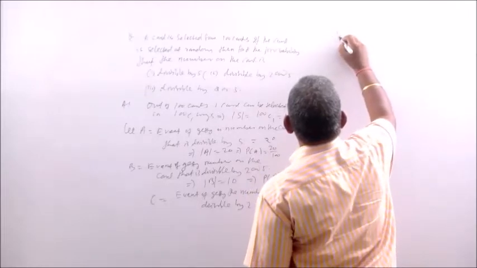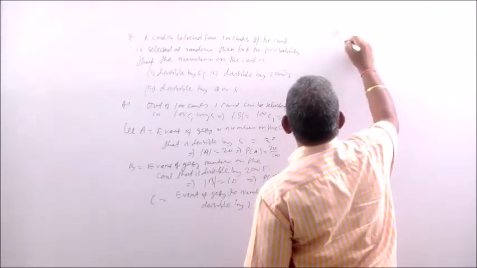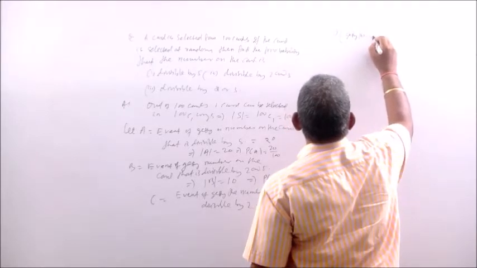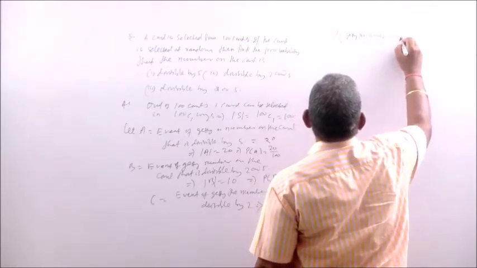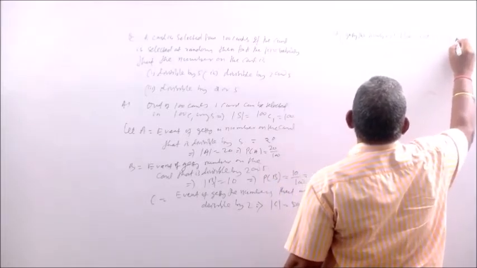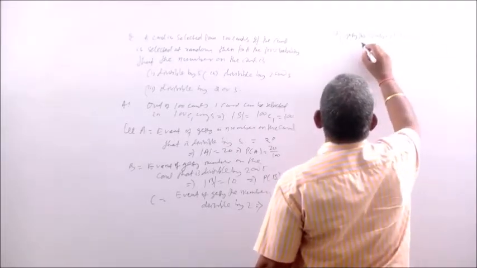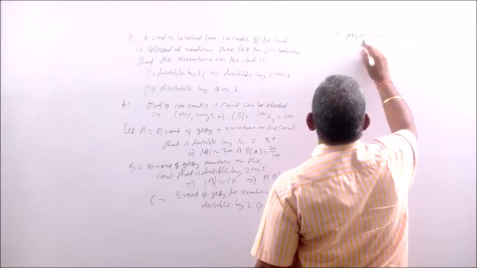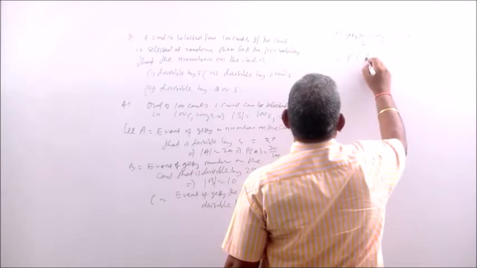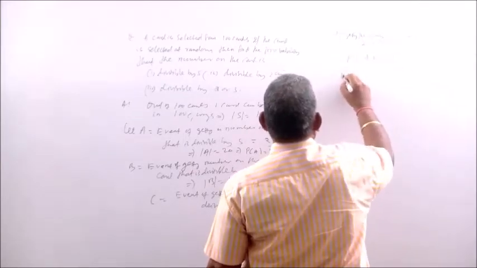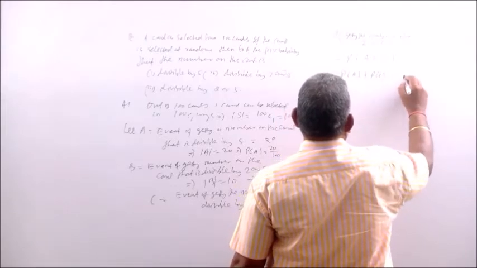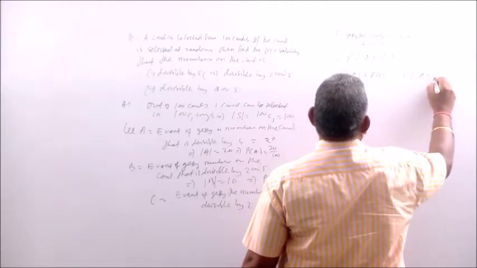Probability of getting the numbers that are divisible by 2 or 5, that is probability of A union C, that is P(A) plus P(C) minus P(A intersection C).